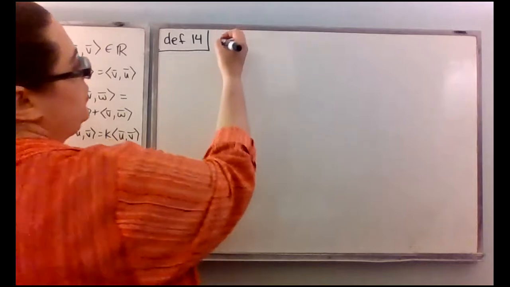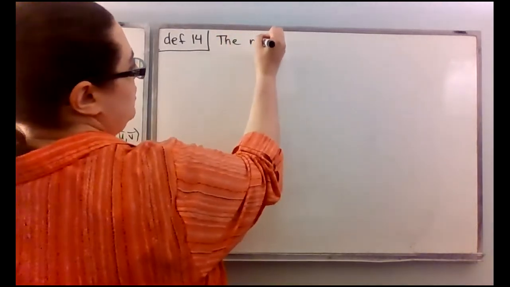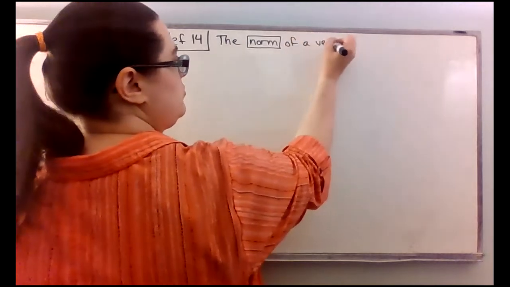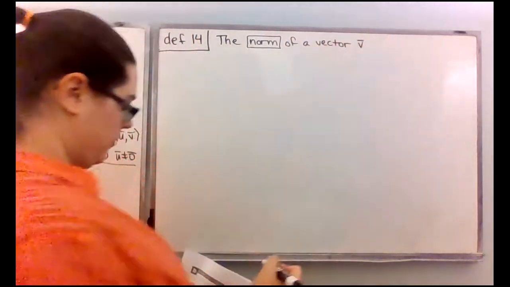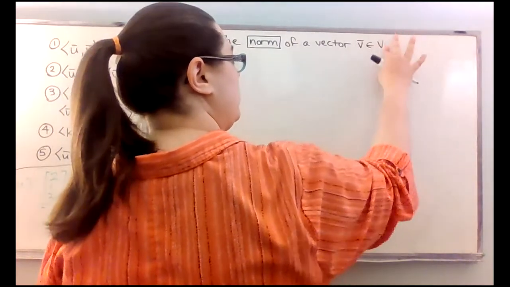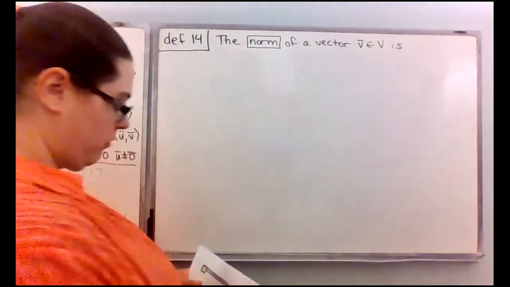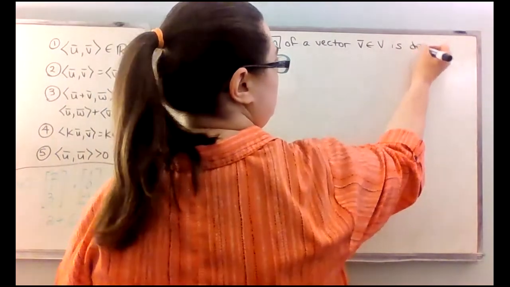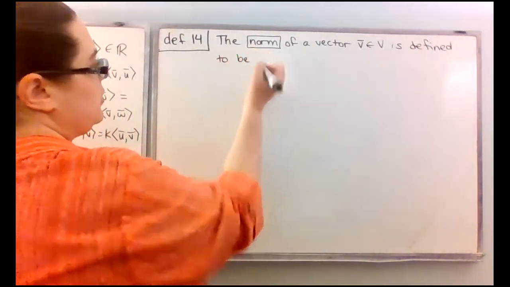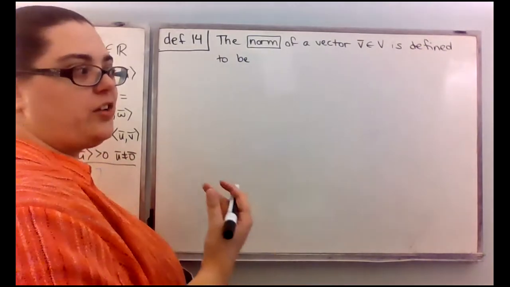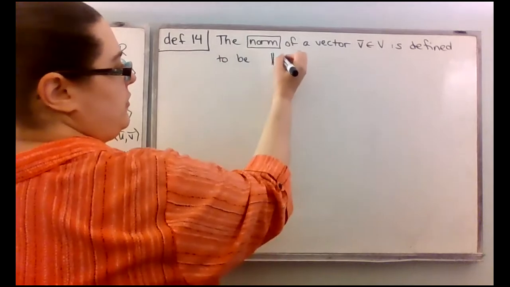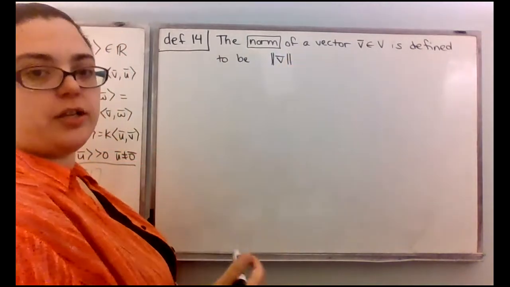So the norm of a vector in a vector space V is defined to be, okay, now it's going to look like I've got a double absolute value bar. So I've got 2 vertical lines, V. So that's going to be our notation for the norm.